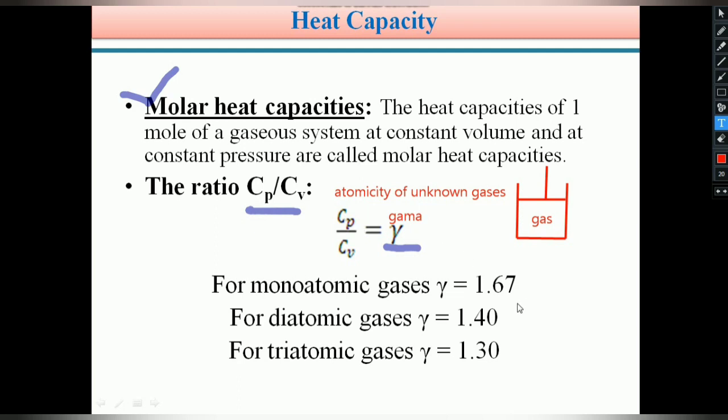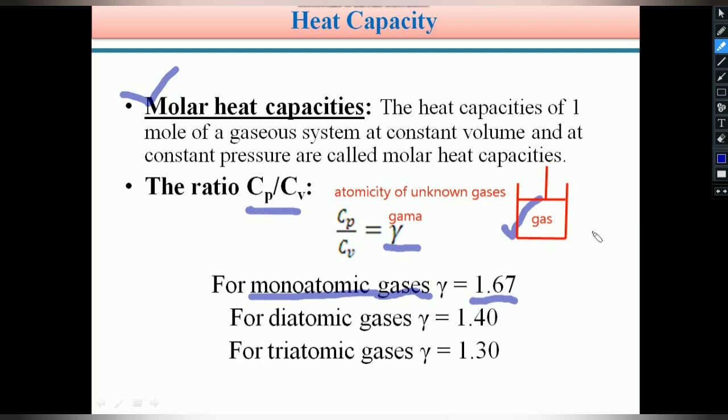If the gamma value is approximately equal to 1.67, then you can identify that the unknown gas present in the cylinder is a monoatomic gas.